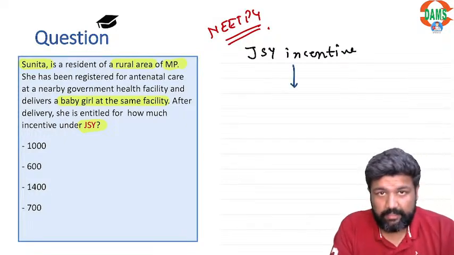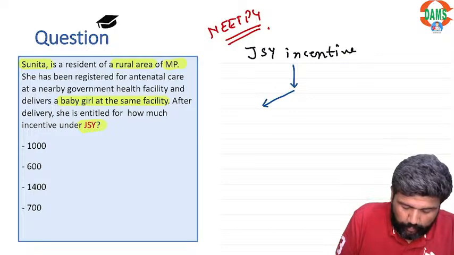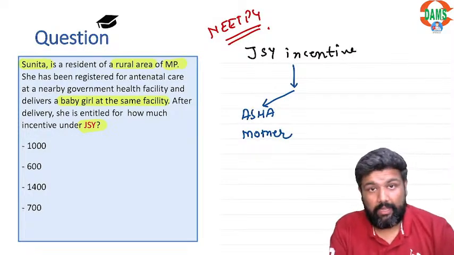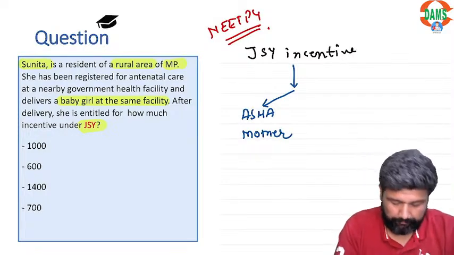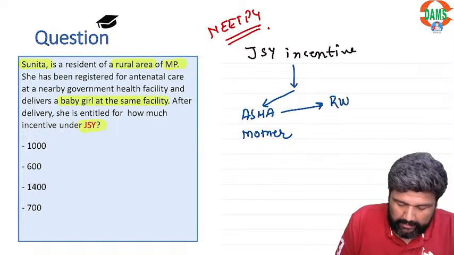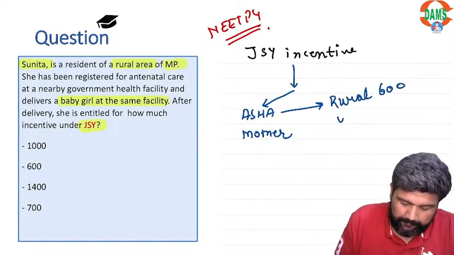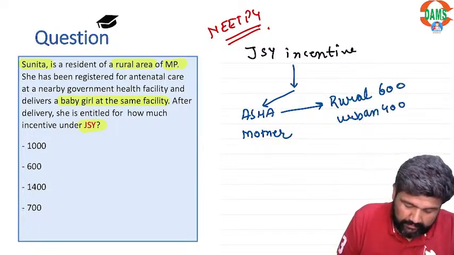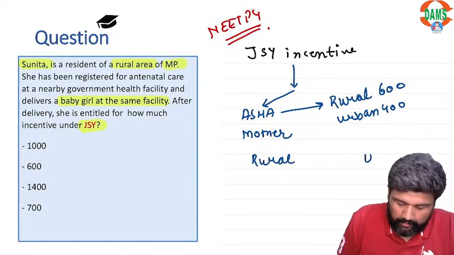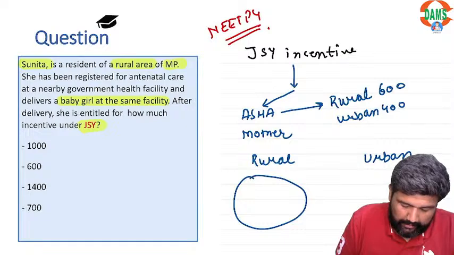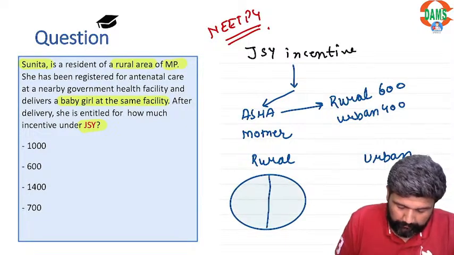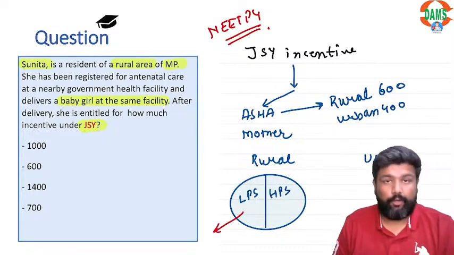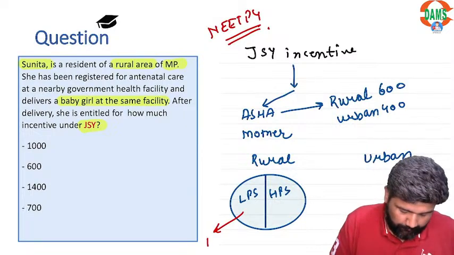If I talk about JSY incentive, the incentive is given to Asha and mother. If Asha is from rural area, she gets 600. If she is from urban area, she gets 400. But for the mother, it depends on rural or urban. If the rural area the mother belongs to is in a low performing state, it is 1400.